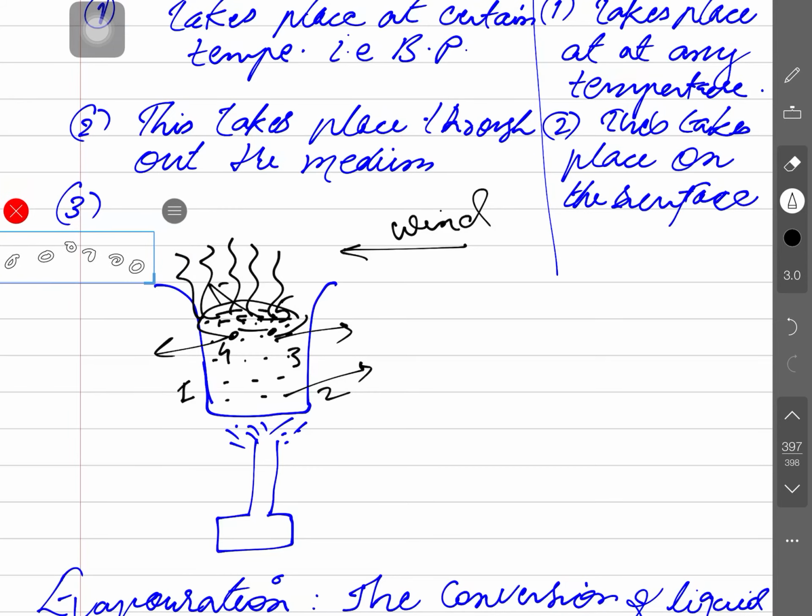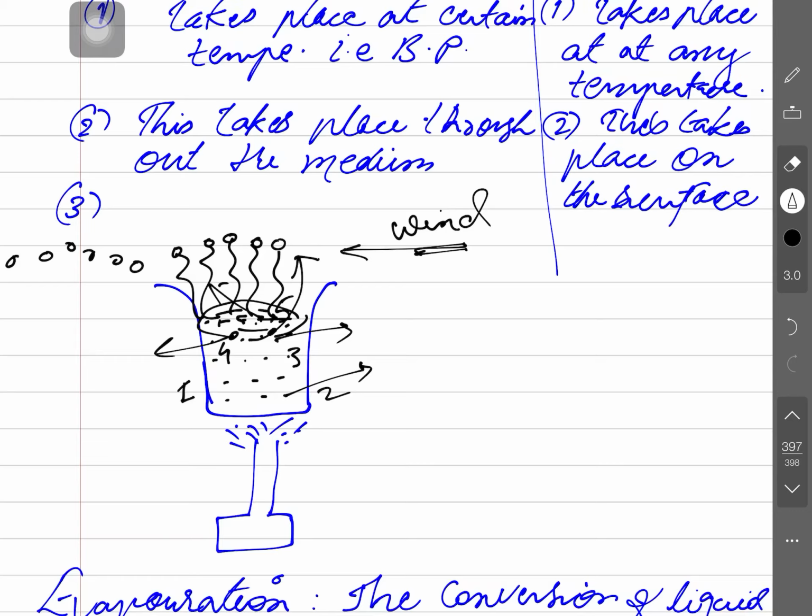Is that clear? And what happens here? The new molecules will come here. When this space is made empty, the remaining new molecules will come here. So, if the wind speed is higher, the rate of evaporation will be higher. That is why we start running the fan in the rainy season when there is no sun outside and the heat is less, then we set the fan running in the room to get the clothes dried.